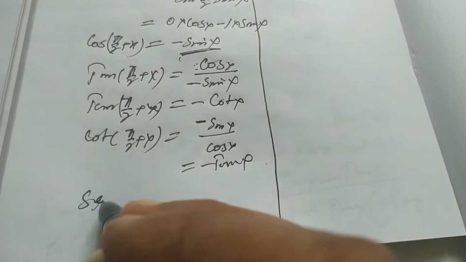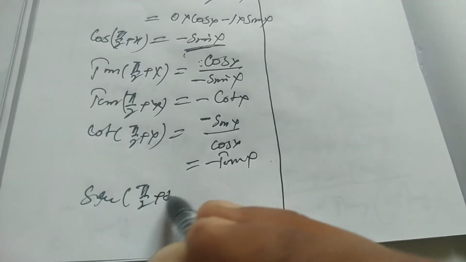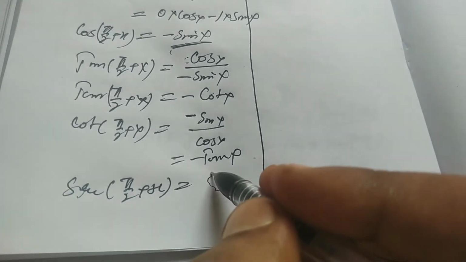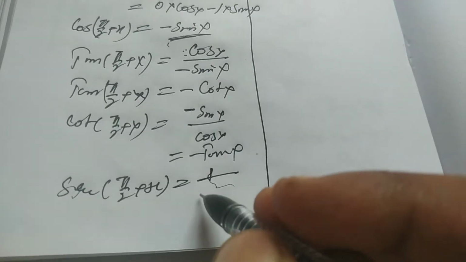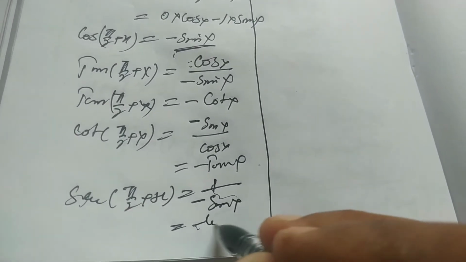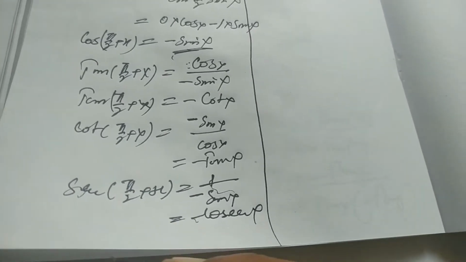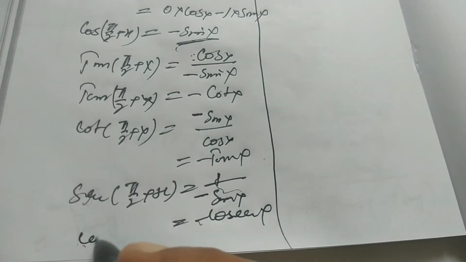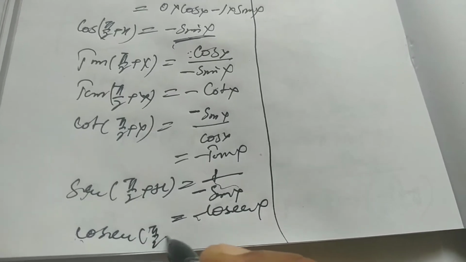Next, sec(pi/2 + x) is equal to 1 upon cos(pi/2 + x), and cos(pi/2 + x) is equal to minus sin x, so it is minus cosec x. And the last one is cosec(pi/2 + x).